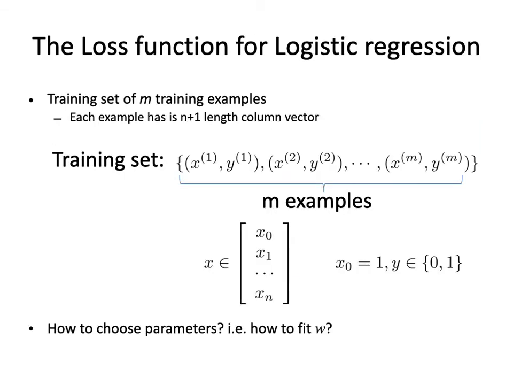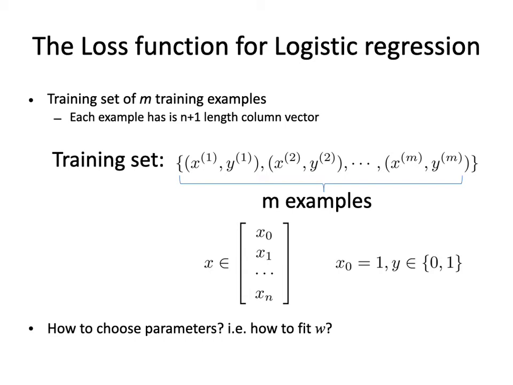So far we have discussed the logistic function, the interpretation of output, and the decision boundary. Now we will see how to choose the parameter, or how to fit our weight w.